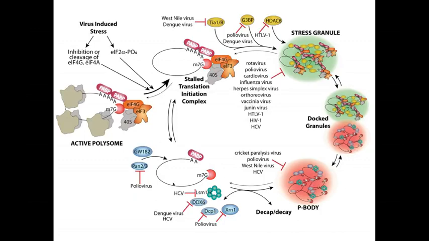This pathway is accompanied, or can be accompanied, by destruction of the mRNAs. So there are a variety of cell proteins shown in blue here that decap the RNA, take off the poly-A, and even degrade it. And this can happen outside or within the P-body. And again, these P-bodies are bad for viral mRNAs, so viral proteins have evolved to antagonize their formation.